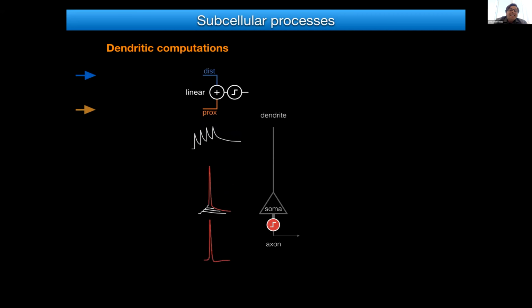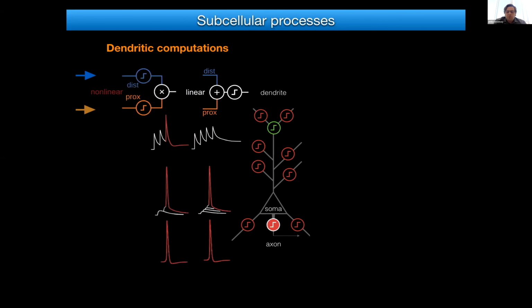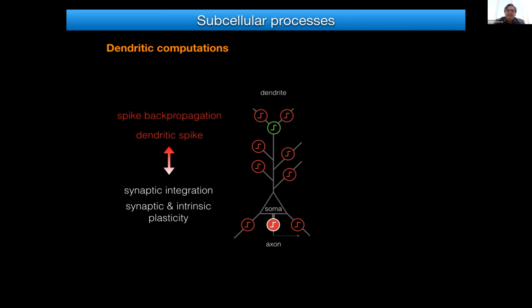But what is important is that these complex dendrites are equipped with a high variety of voltage-gated conductances that support a high level of nonlinear computations, including active backpropagation of the somatic action potential or local spike generation out in the dendrites. And these local spikes or backpropagating signals are both really powerful associative signals for synaptic and intrinsic plasticity.